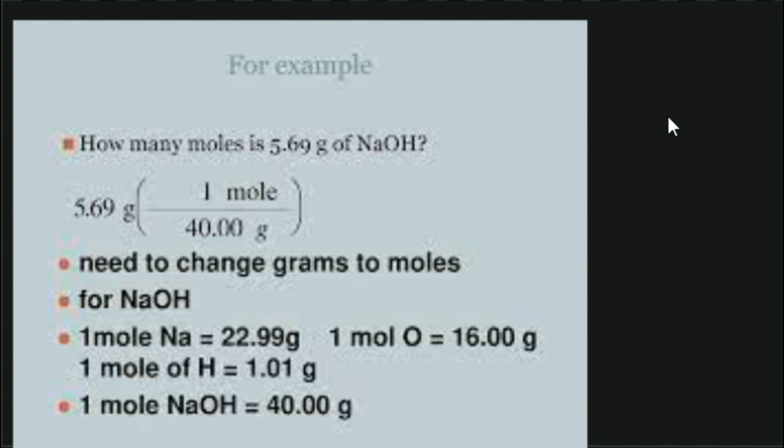If it's H2O, the molecular mass would be 2 times the atomic mass of hydrogen added with 1 oxygen's atomic mass, which I think gives 18.02 grams per mole, something like that.